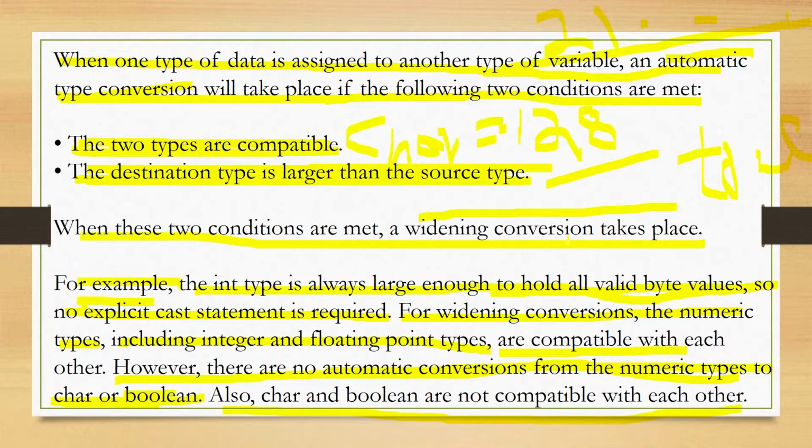So boolean's memory representation is completely another thing. So char and boolean are not compatible with the numeric data types. When I say numeric data types, I mean byte, short, int, float, and long. And char and boolean are also not compatible with each other.